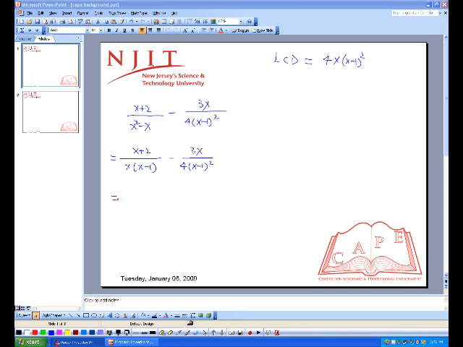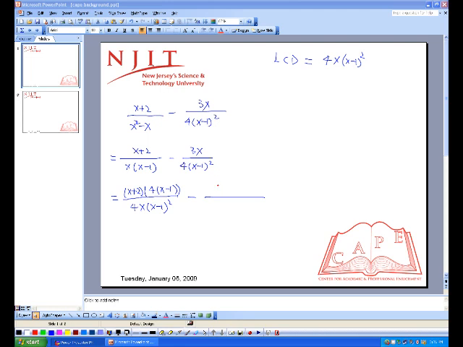Now the second step is to convert both the denominators into the least common denominator. In order to get from x times x minus 1 into the least common denominator, we have to multiply both the numerator and the denominator by 4x minus 1 squared.